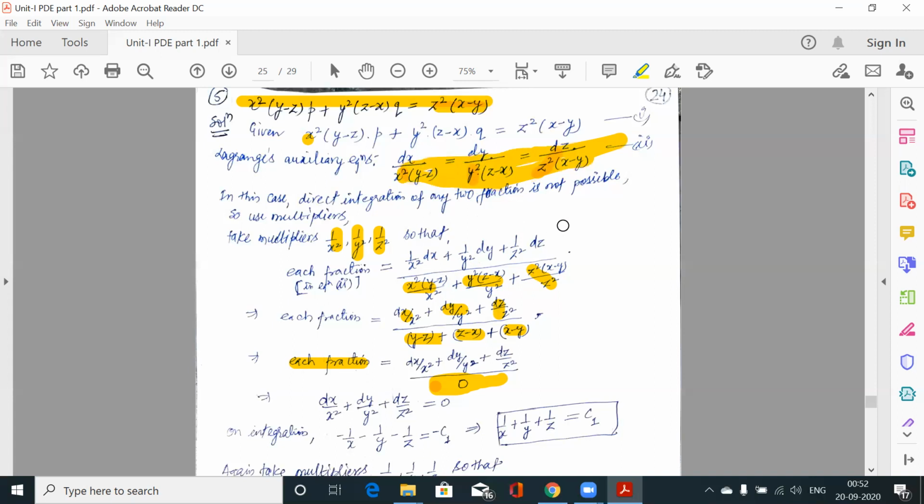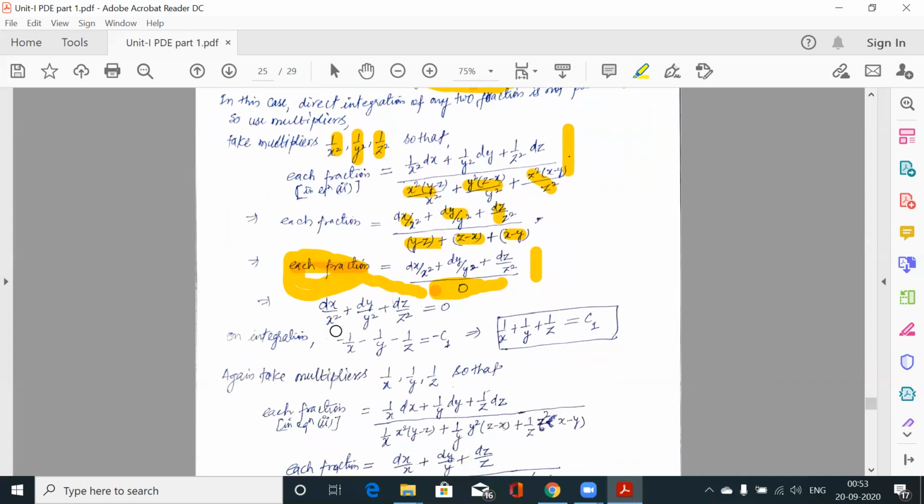So by making it equal to any of these fractions, suppose the first fraction, this 0 would be cross multiplied by this fraction. So we get dx over x² plus dy over y² plus dz over z² is equal to 0, which can be integrated directly now.